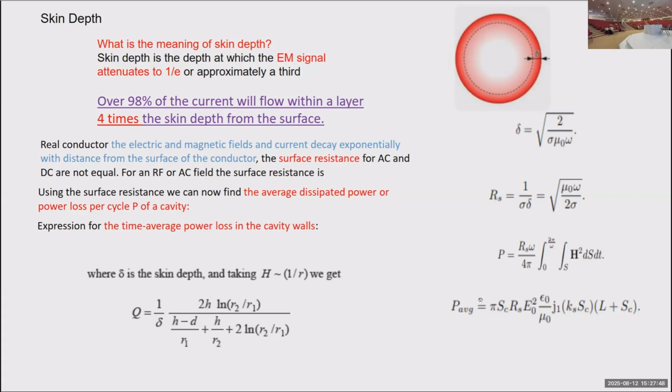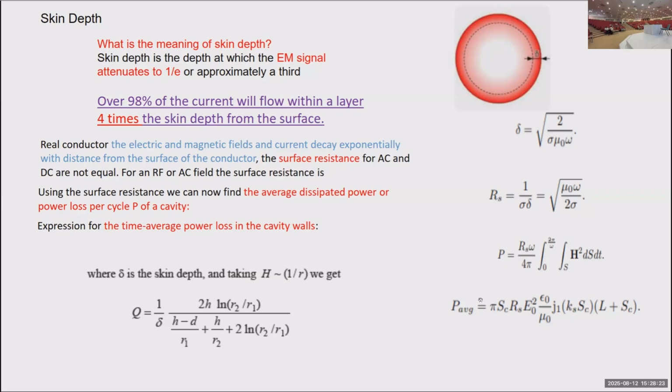But in engineering, you have to multiply it by 4. At least it should be 30 microns. If not, then your resistance will be high. That's the engineering rule. In physics, it's only about 6 microns. But for good cavities, you should be 4 times the skin depth.